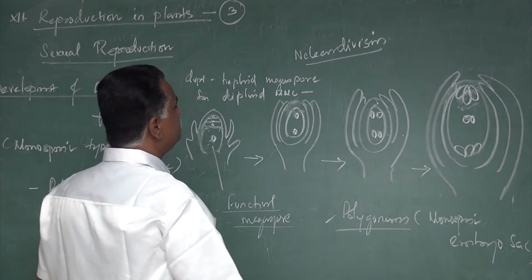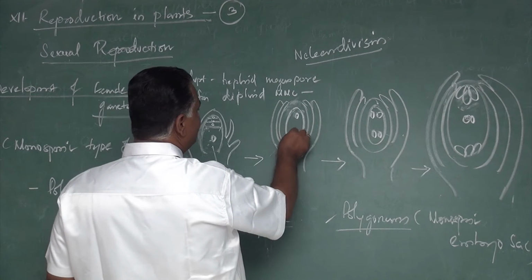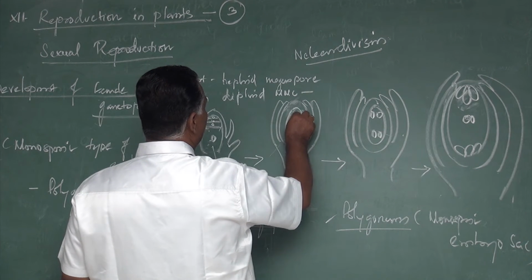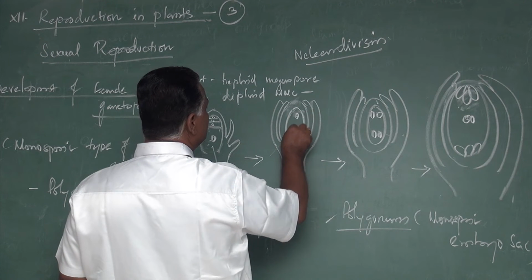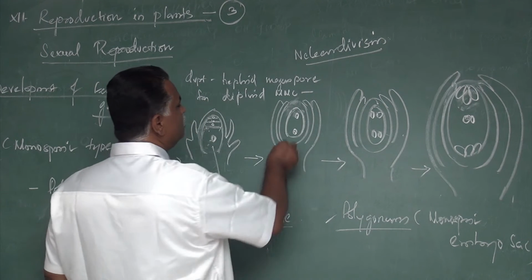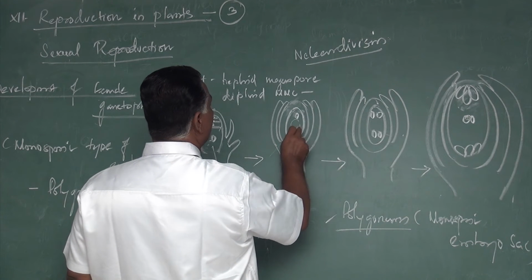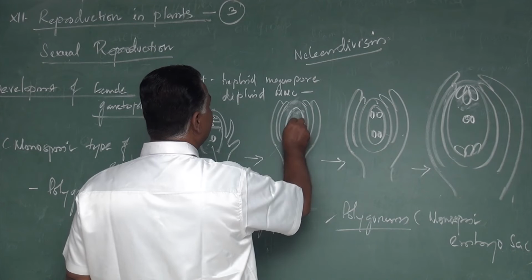Nuclear division takes place. The haploid nucleus divides mitotically and produces 2 nuclei. Formerly it was at the center.